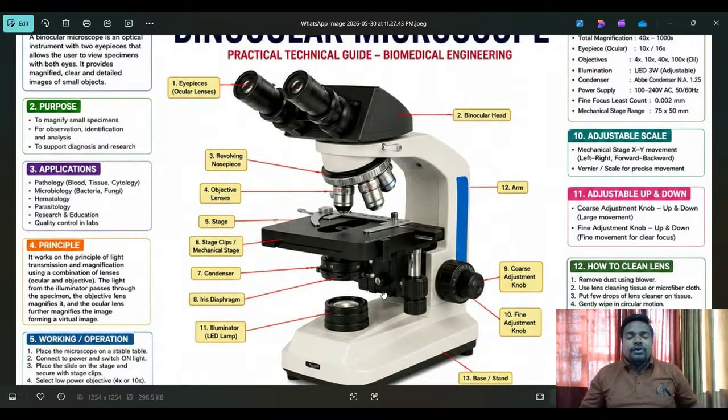First of all, if you go to any laboratory, without a microscope the laboratory does not run. Understand, that much is important because of diagnosis purposes. Everything I'm going to explain very clearly.